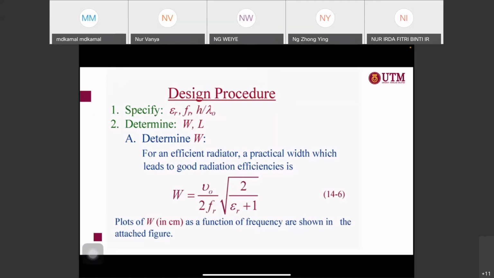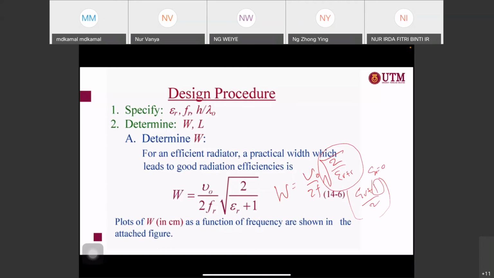What we have here is actually the same thing as a half wavelength. W is equal to v naught over 2f, times the square root of 2 over epsilon r plus 1. So they take into consideration epsilon r plus 1 divided by 2 here, which is sort of the average value of epsilon r, because this is epsilon r and air here, which is equal to 1.